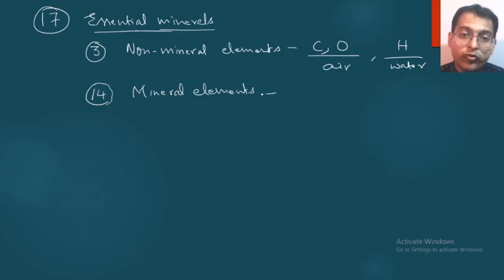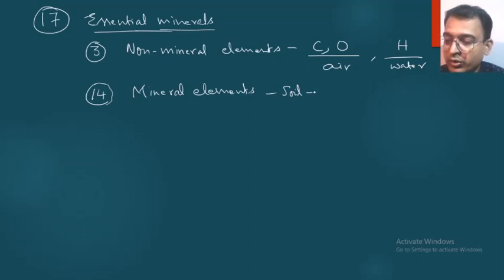There are 14 mineral elements. These are absorbed by the plant roots from the soil. Water dissolves these minerals and the plant roots are able to absorb them from the soil.